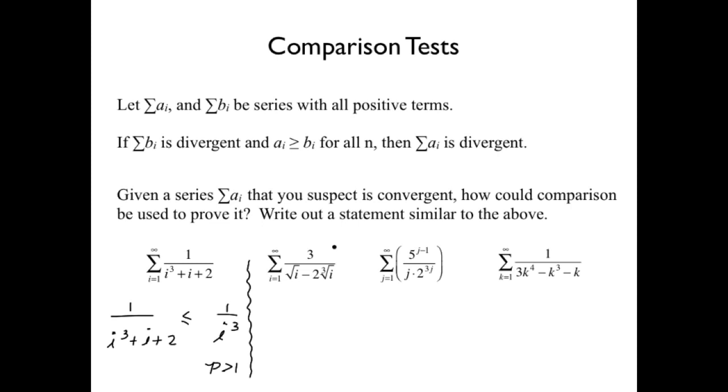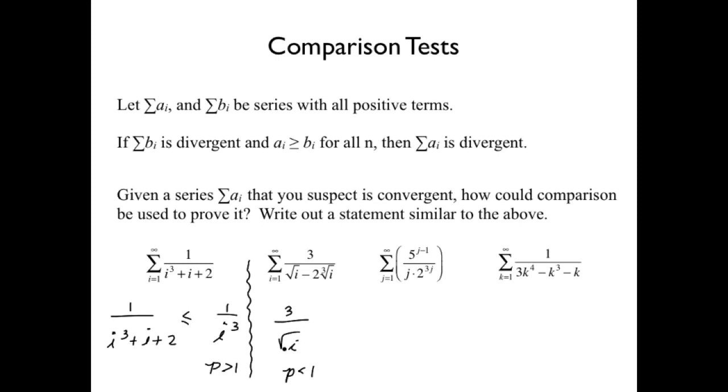And what do you want to compare this to show that it's convergent? All right, so let's do 3 over square root of i. That's no problem. 3 over the square root of i, which the series converges, right? Why doesn't that converge? This is another p-series, but p now is less than 1. p is a half. So this is divergent.